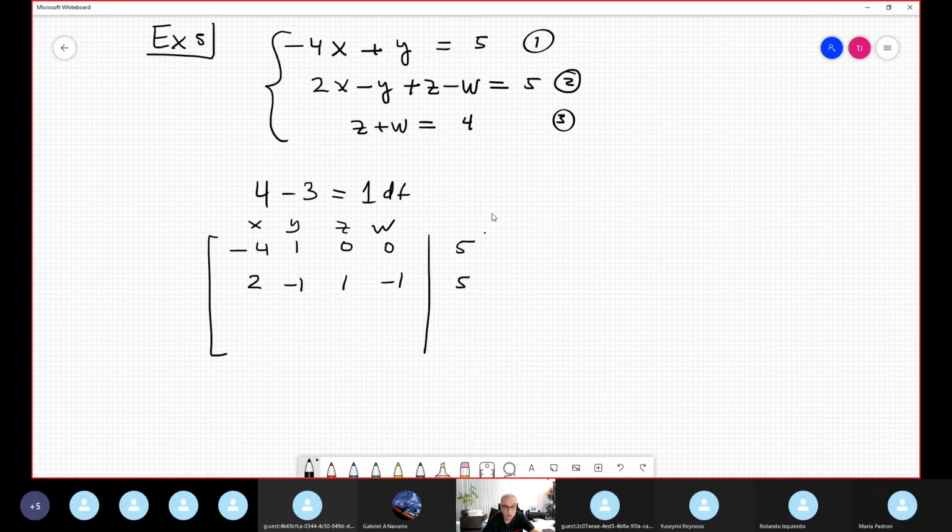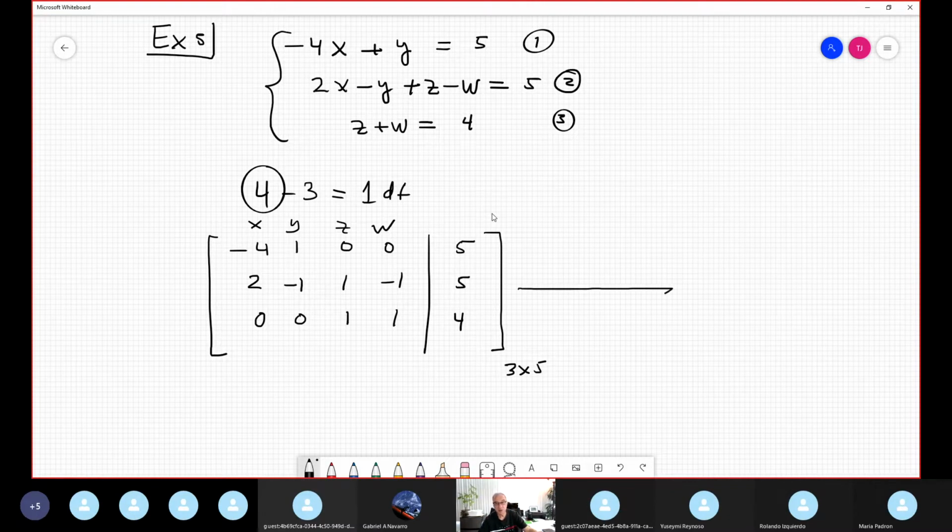Oof, it's a coincidence. And the third equation is no X, no Y, 1Z, 1W equal 4. And this is my system. By the way, the dimension is 3 by 5, because we have 3 rows, for 3 equations, and 5 columns, 1, 2, 3, and 4 that correspond to the 4 variables, plus an extra one that corresponds to the right hand side number.